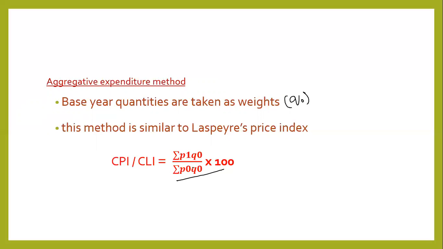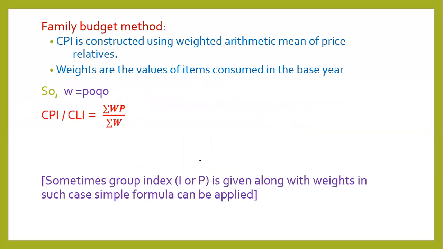And the second method is the family budget method. When you say family budget method, it is about the family expenditure, the expenses of a particular family. So in this method, CPI will be constructed using the weighted arithmetic mean.